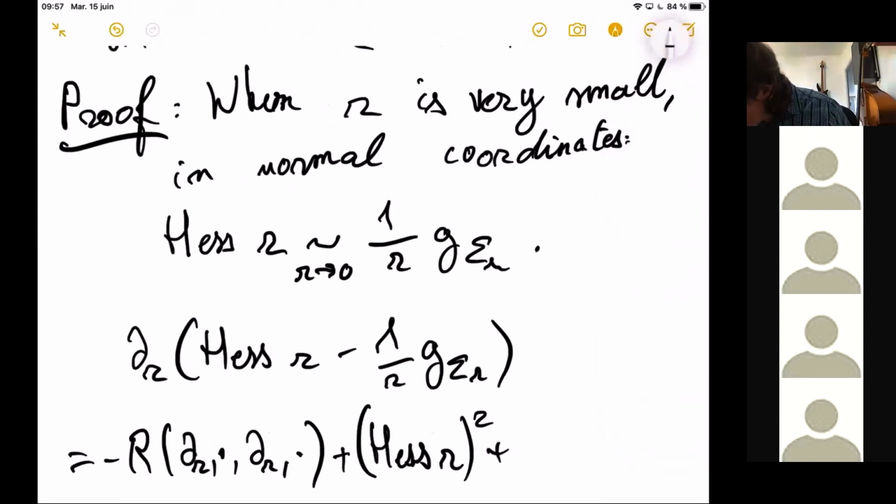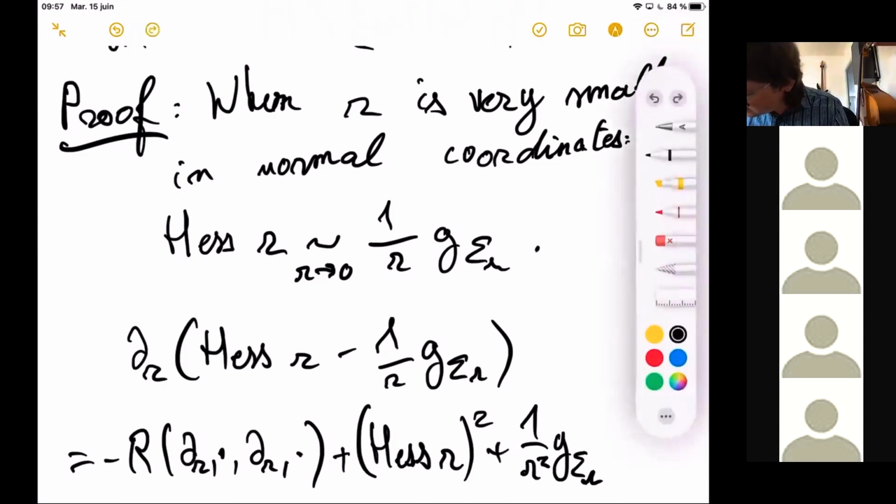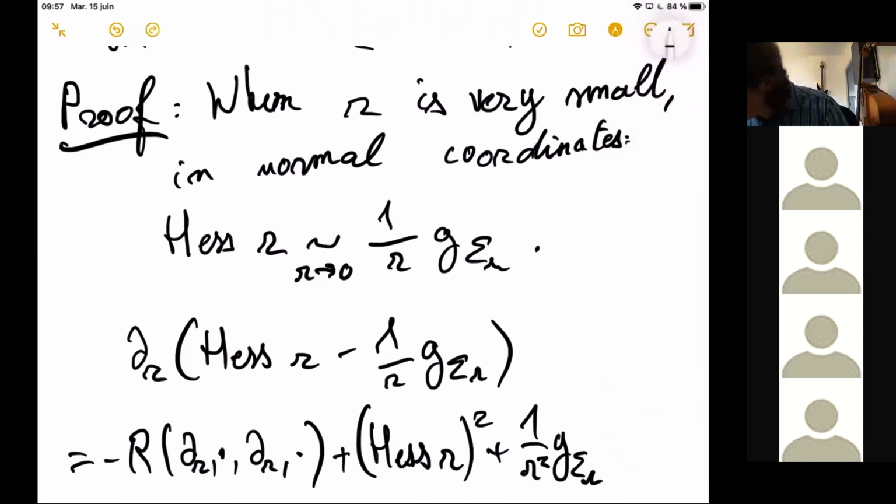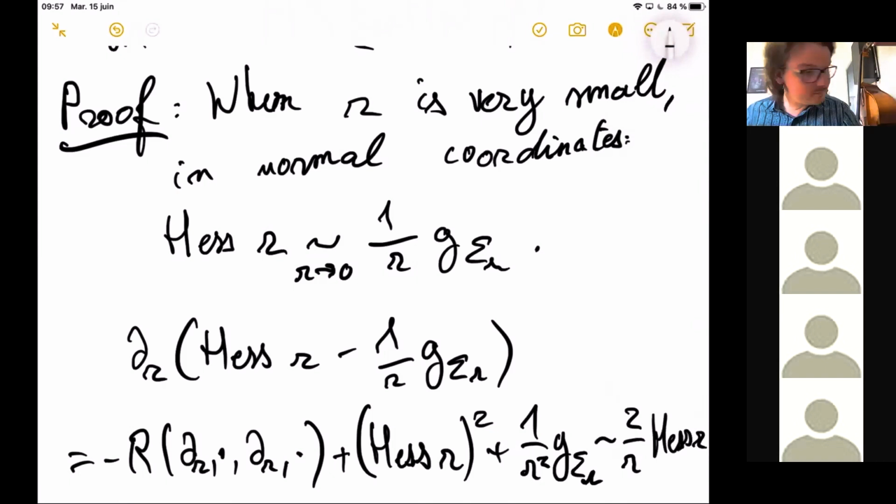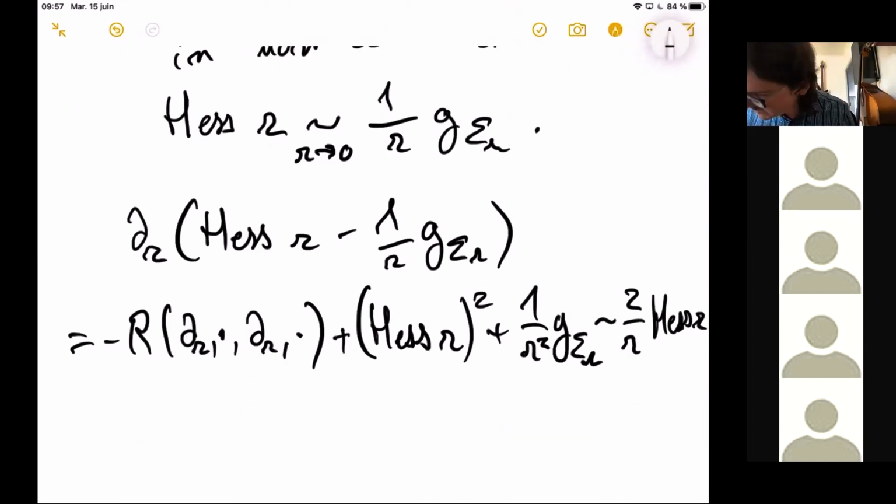So we have plus 1 over R squared g sigma R. As a matrix, this is the identity. So we could as well put a square here, even if it's bad practice, I guess, to mix quadratic forms and matrices that far. And then that's what we said before: the Lie derivative of this metric on the hypersurfaces is just the Hessian of the distance function with a factor of 2.